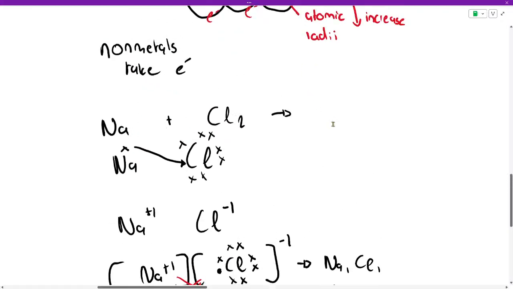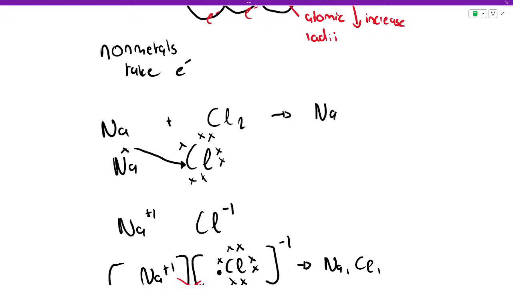But when we balance this equation, there's two chlorines here, and there's only one chlorine here. How do we fix that? If we make two of it, now there's two chlorines, so the chlorines are balanced. But the sodium only has one, so it makes like that. And that's how you would balance it.